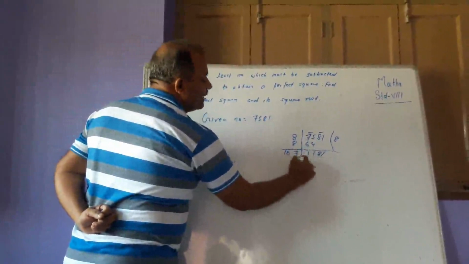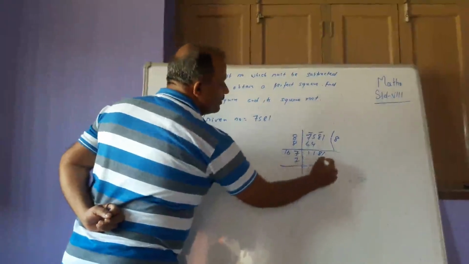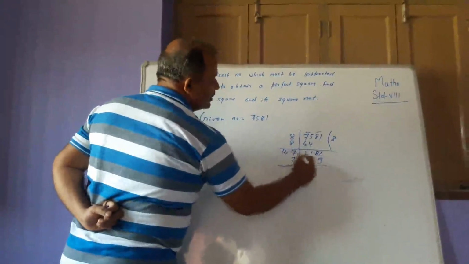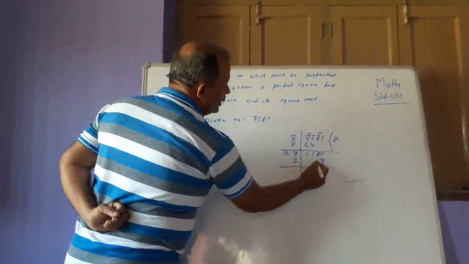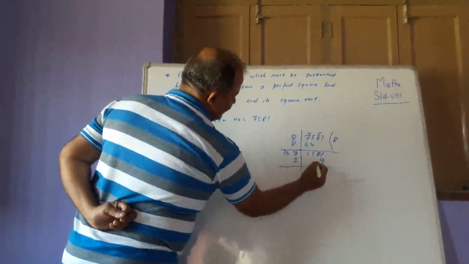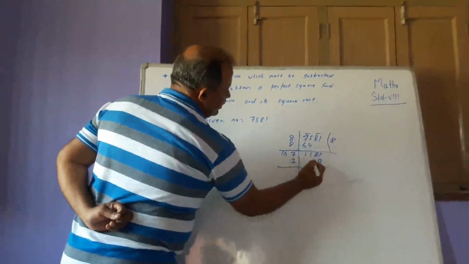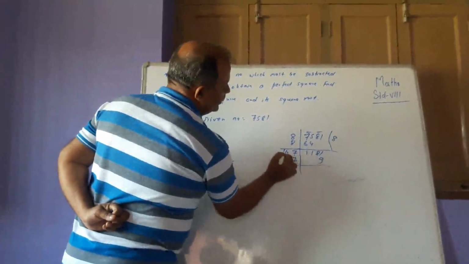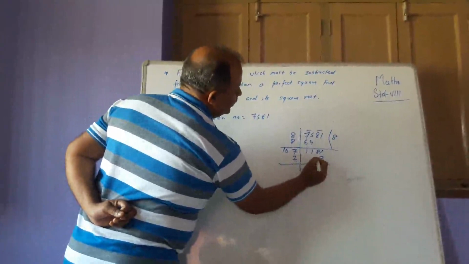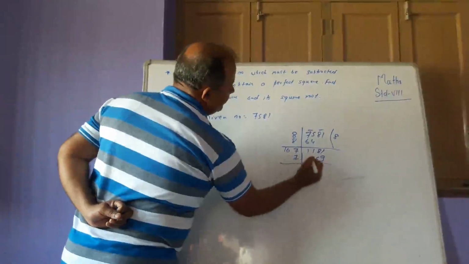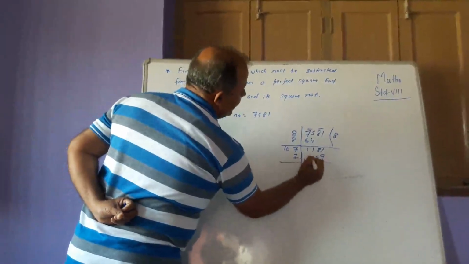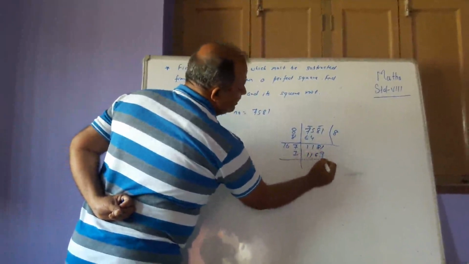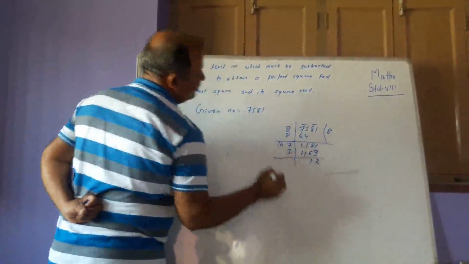On multiplying it by 7: 7 7s are 49, 7 6s are 42 and 4 is 46. 7 1s are 7 and 4. 11 minus 9 is 2, 7 minus 6.